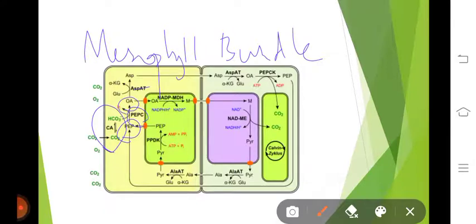This oxaloacetic acid will form aspartic acid by aminotransferase, and this aspartic acid will enter into the cytoplasm of the bundle sheath cells and then again it gets converted into 4-carbon compound oxaloacetic acid.